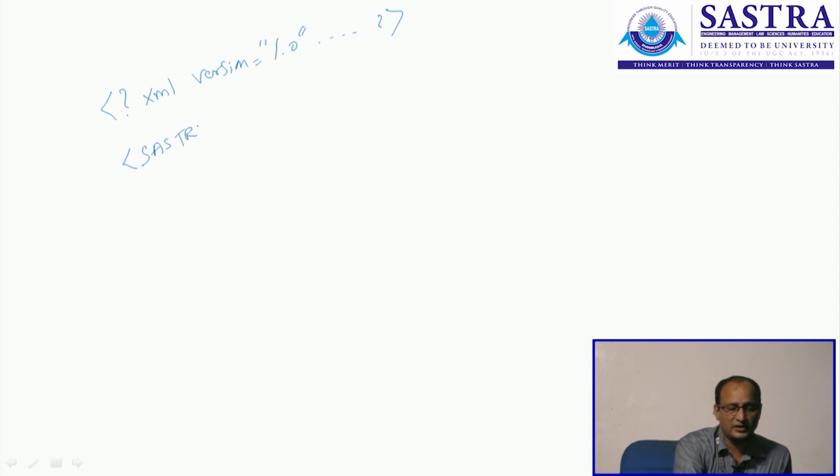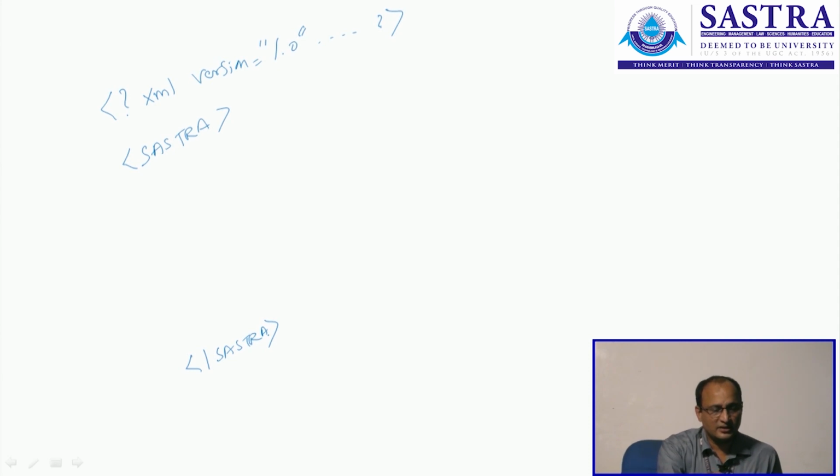The root tag I have written is Shastra, and this is /Shastra. I would like to create an XML document starting with Shastra. So, this is the opening as well as the closing tag.